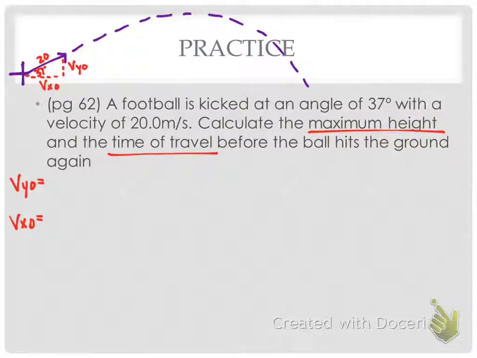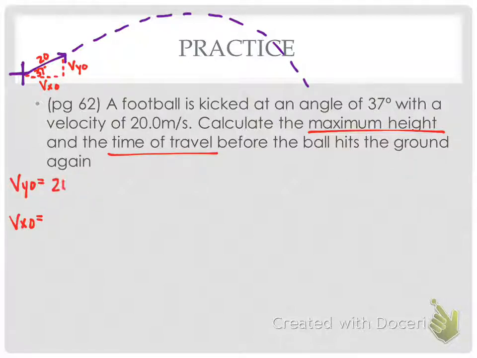So Vyo is the opposite of that, and we have the hypotenuse, so we'll use sine. So that makes it 20 times sine of 37. Make sure your calculator's in degrees, not radians, which is 12 meters per second. Sorry, I'll write out how I found that.